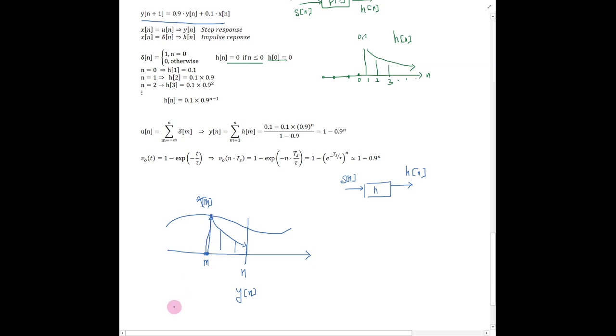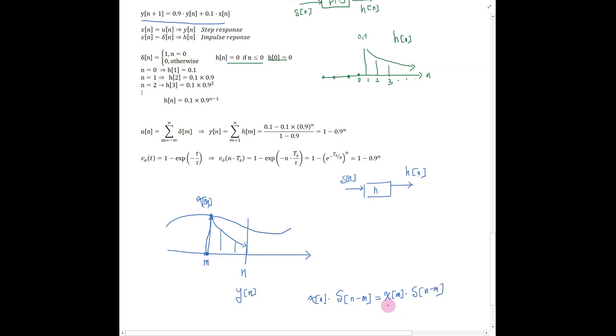If we multiply xn times delta n minus m, then this looks like xn times delta n minus m.